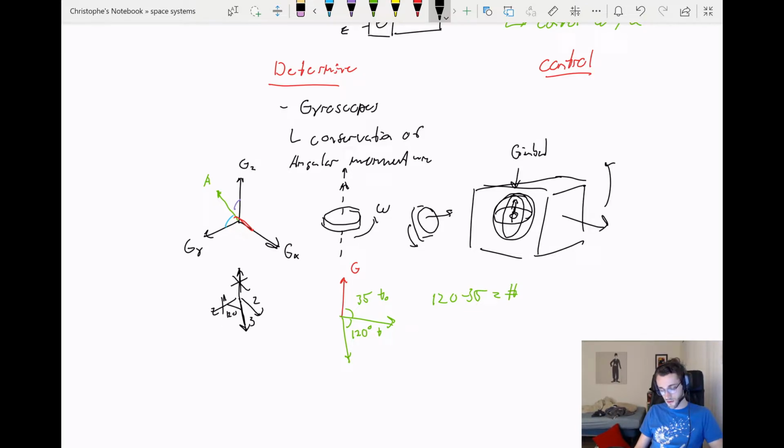So let's say 1 fails. You've got 2, 3, and 4. If 2 fails, you've got 1, 3, and 4. Etc., etc. You are allowed 1 failure of a gyroscope before you lose any functionality whatsoever.